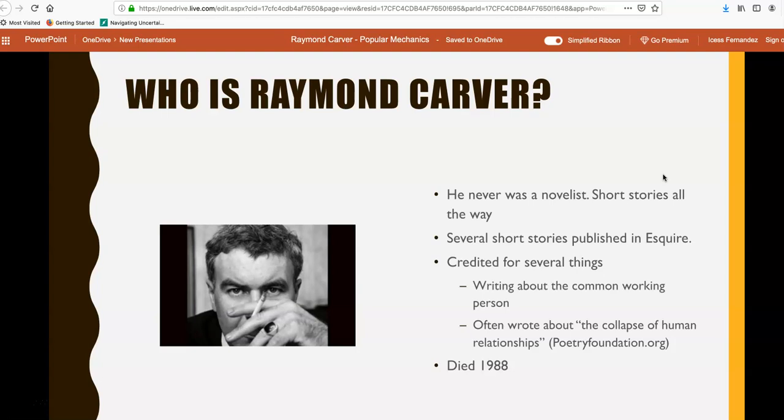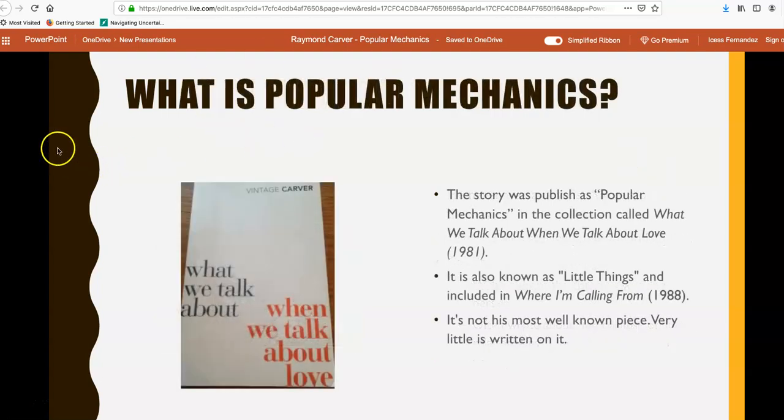As you can tell, every writer we've studied in this course specializes in a thing, and this is what he specializes in. He died fairly recently compared to other writers, in 1988, so he's pretty modern compared to what we've studied in the past.